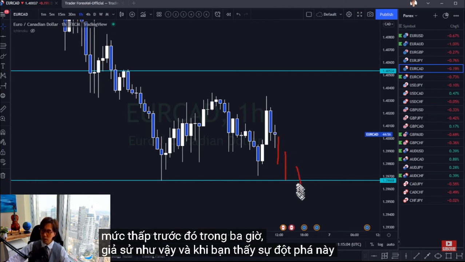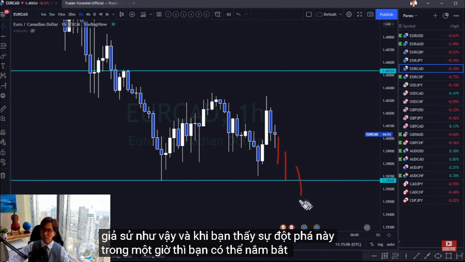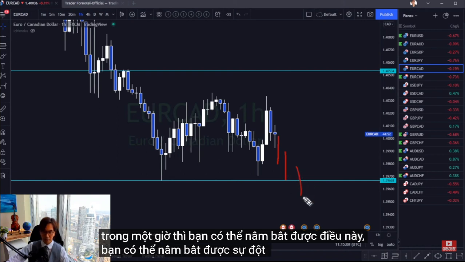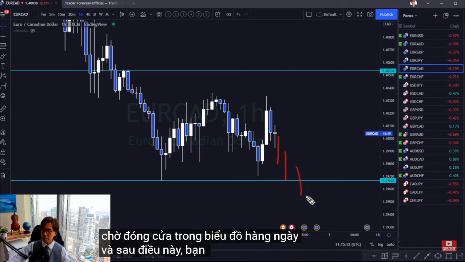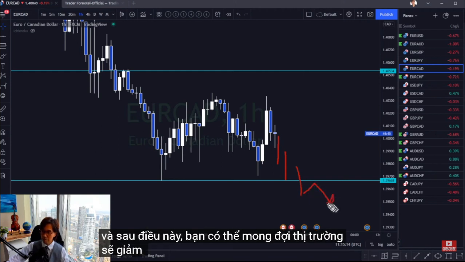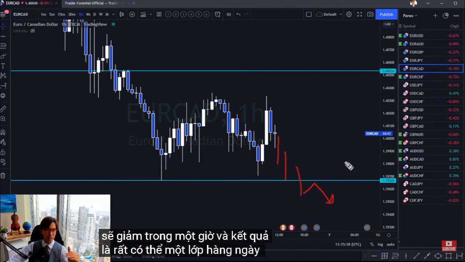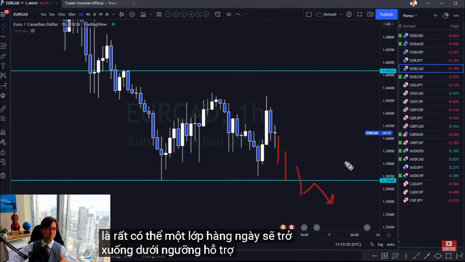And when you see this breakout in 1 hour, then you can capture the breakout before waiting for the close in the daily chart. And after this, you can expect the market goes bearish in 1 hour. And as a result, most likely, the daily close will become below the support, right?